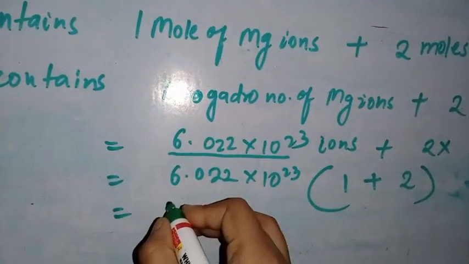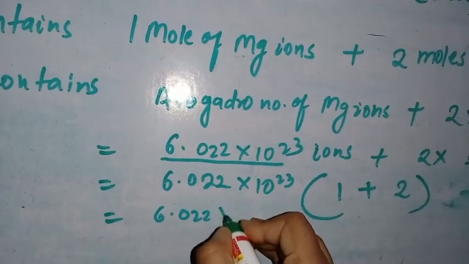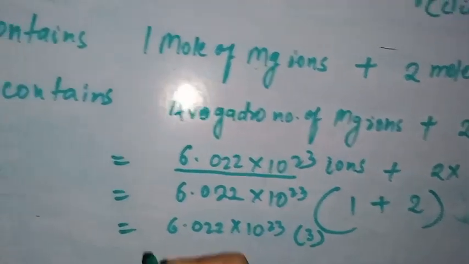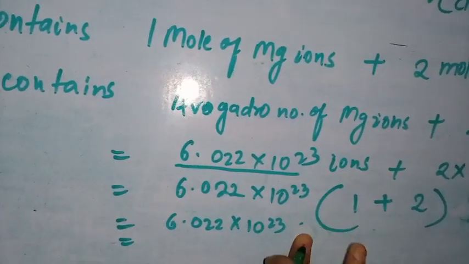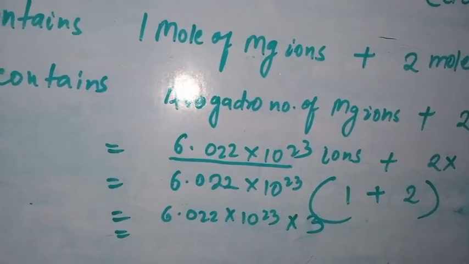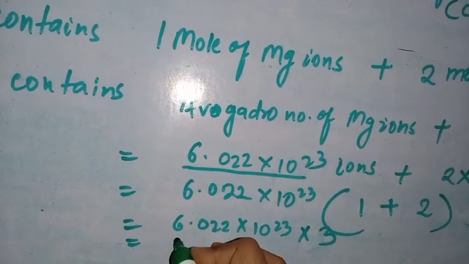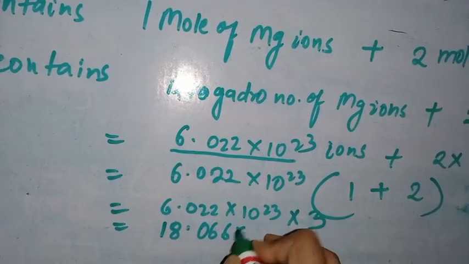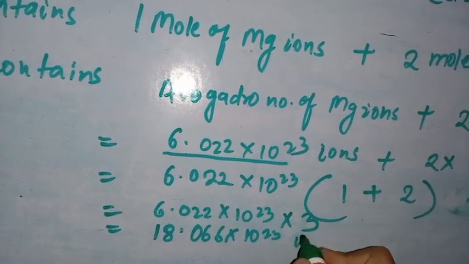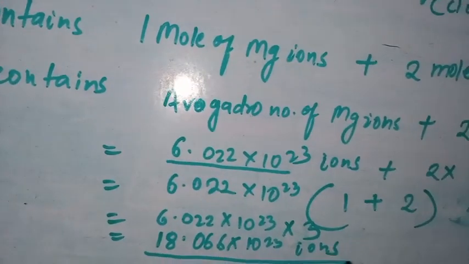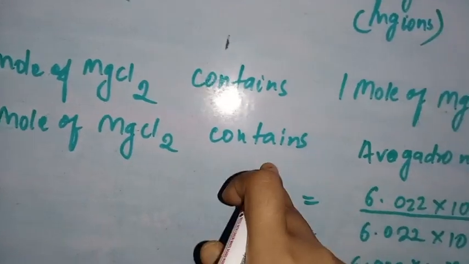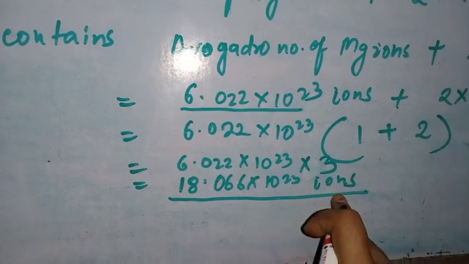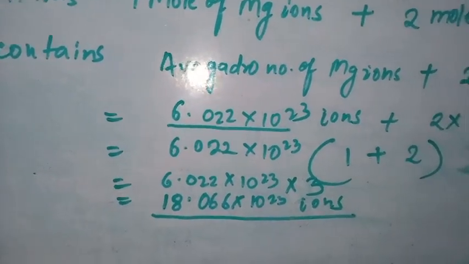Is equal to 6.022 into 10 to power 23 into 3, which will be equal to 18.066 into 10 to power 23 ions. So 1 mole of magnesium chloride contains a total of 18.066 into 10 to power 23 ions.